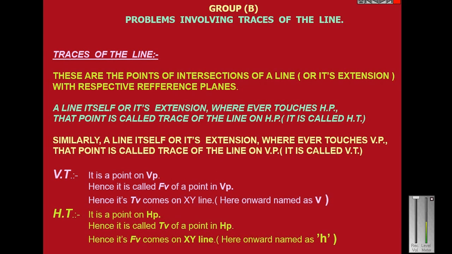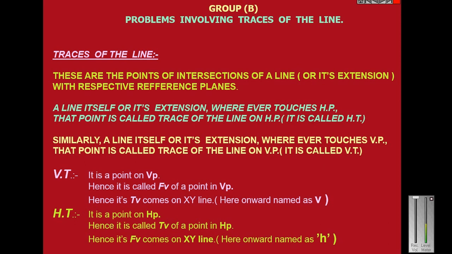Traces are the points of intersection of a line, or the extension of a line, with respect to the reference planes. A line itself or its extension, wherever it touches HP, that point is called the horizontal trace.